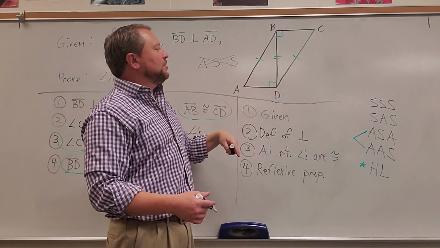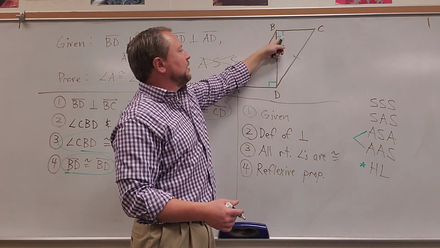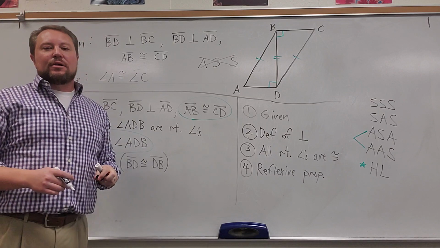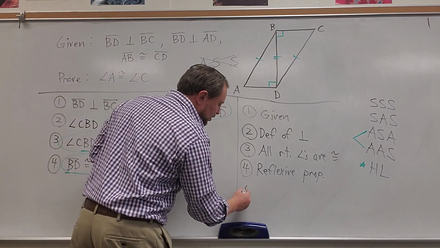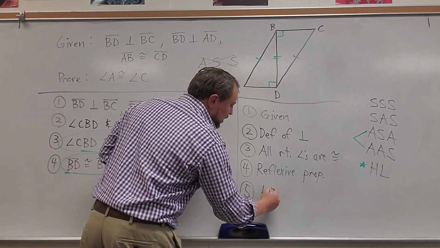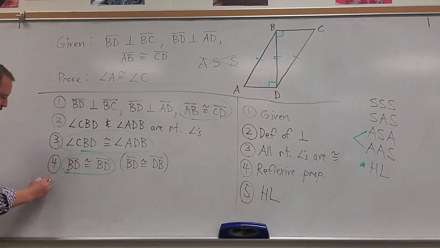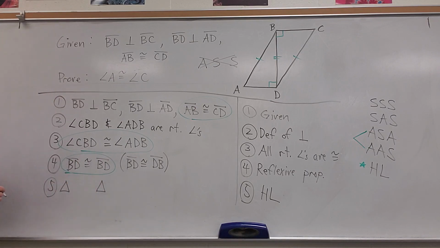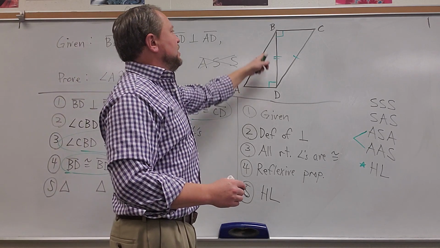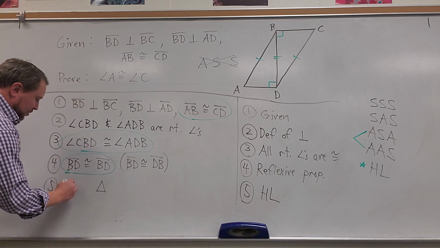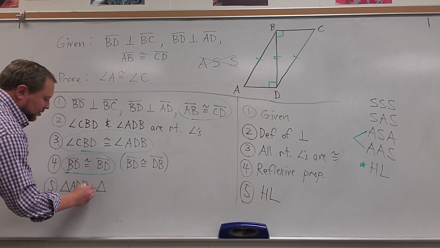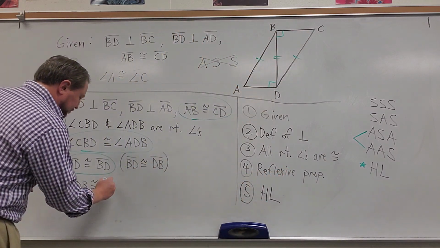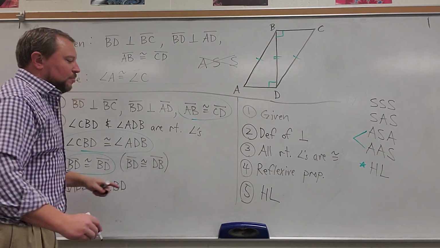That's not the hypotenuse, see? And in both cases, we have that hypotenuse and a leg. So, yeah, we're not going to call it donkey, but we are going to call it HL, that we could use to prove that the triangles are congruent. So I can state that triangle ADB is congruent to triangle CBD by HL.